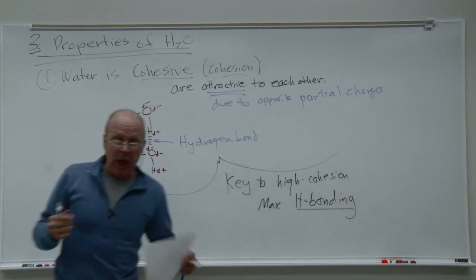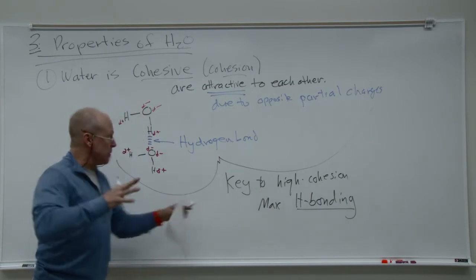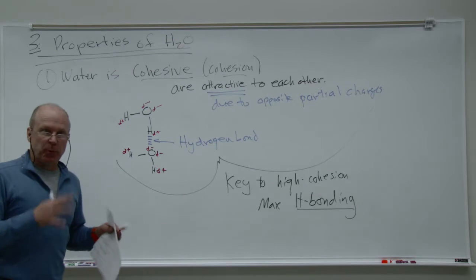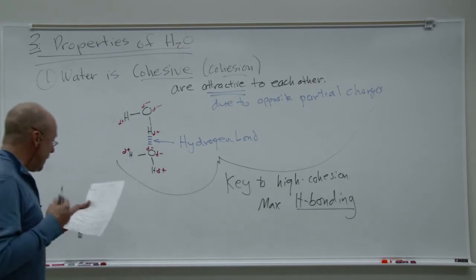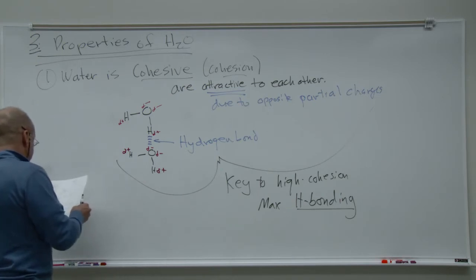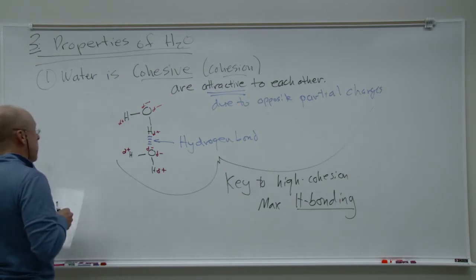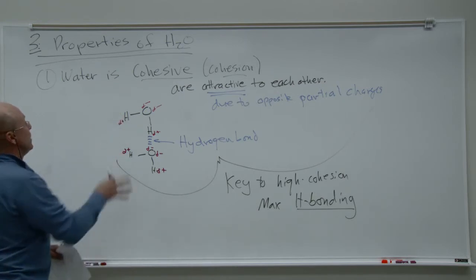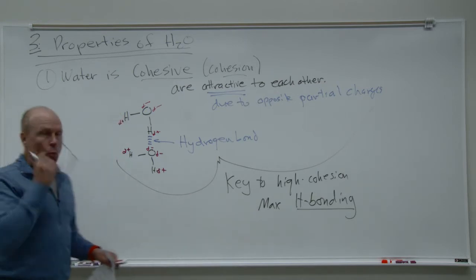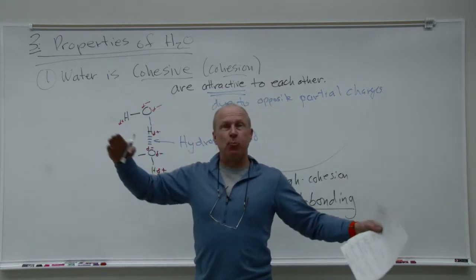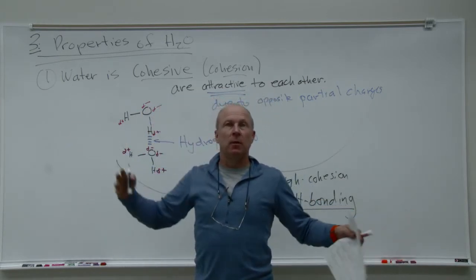A maximum level of H bonding is the reason for these water molecules to be super, super sticky with each other. So that's cohesion. And one thing that's pretty impressive about this cohesive property is that water remains a liquid over a tremendously broad range of temperatures.